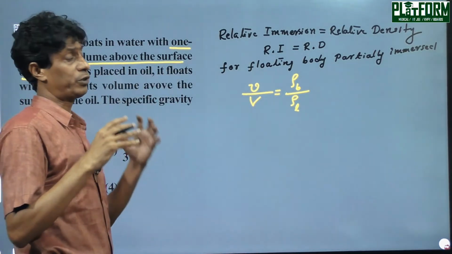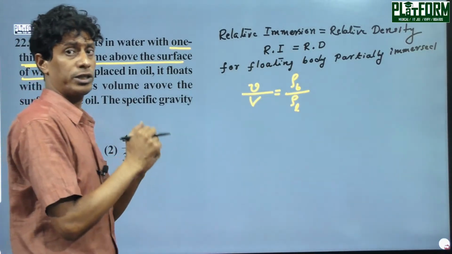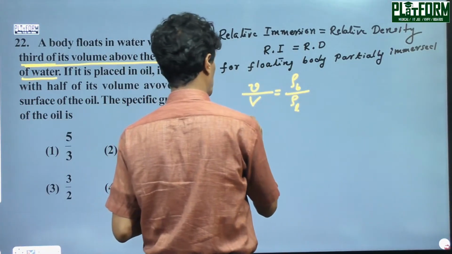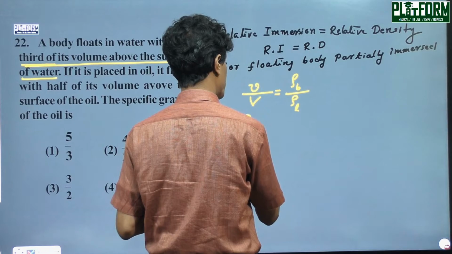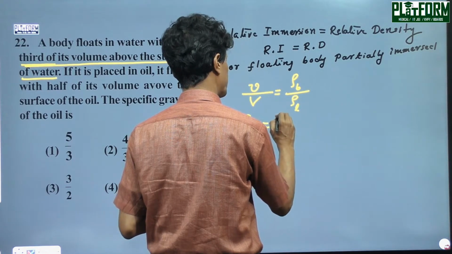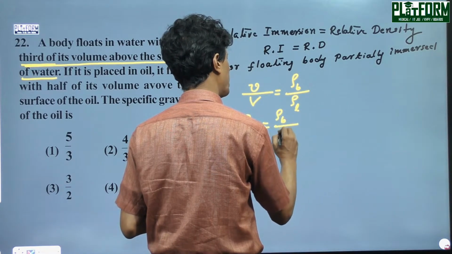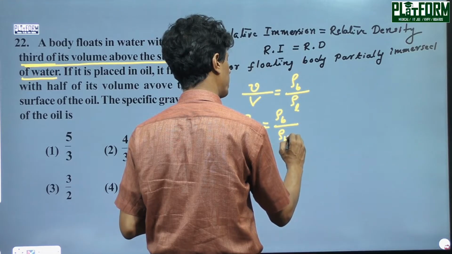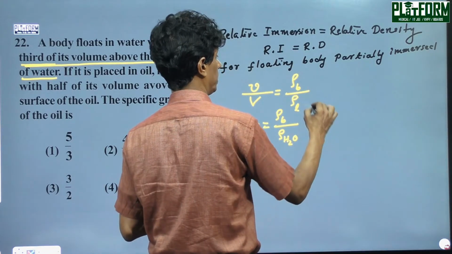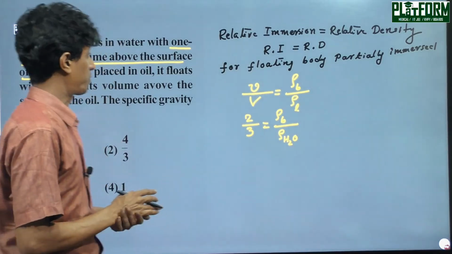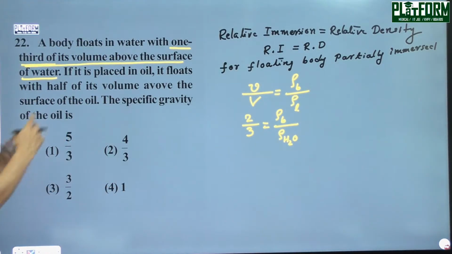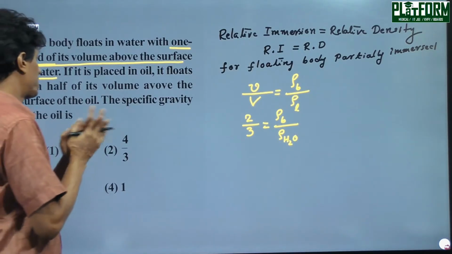So 2/3 of the volume is immersed in water, and it is rho B by rho water. From the second part of this problem, if it is placed in oil, it floats with half of its volume above the surface of oil.